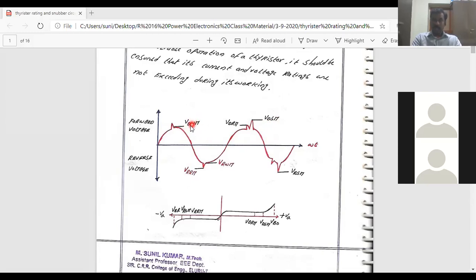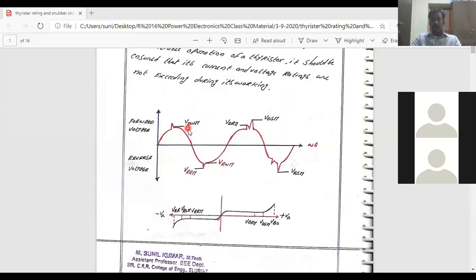VDWM stands for forward. So here the first subscript stands for the state of the device, the second subscript stands for the voltage, and the third subscript always stands for the maximum value. The second subscript defines which voltage value we are going to consider, and the first subscript defines the state of the device.